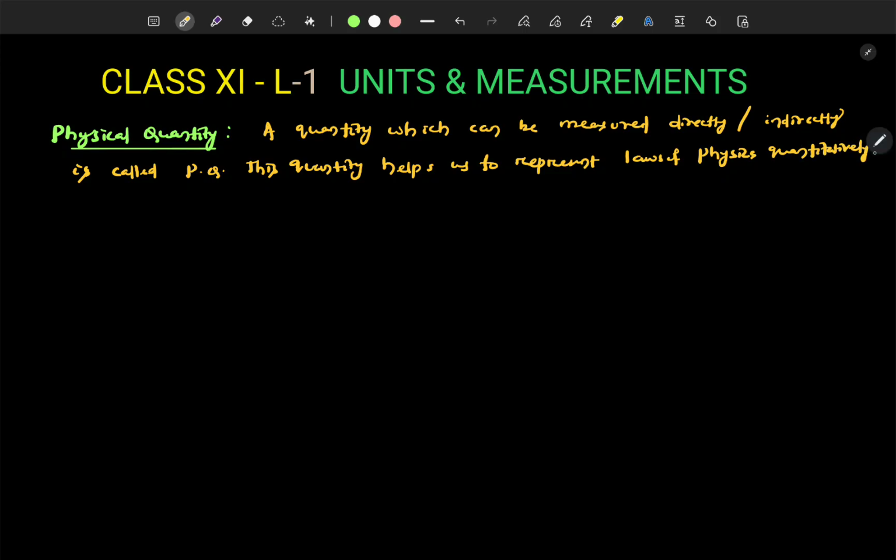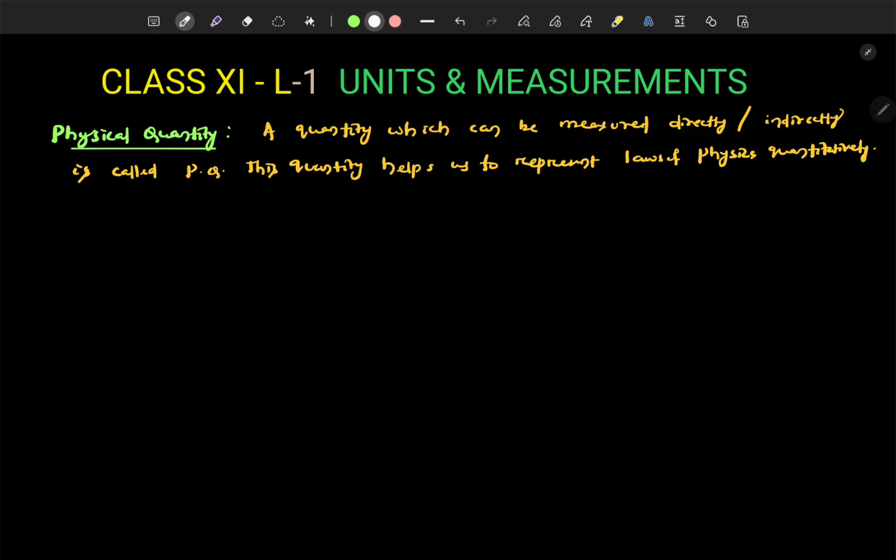One thing is quantitative, another one is qualitative. Qualitative means it deals with a descriptive idea, quantitative means it deals with amount or strength or magnitude. And remember, physics is the science of measurement, we all know this.